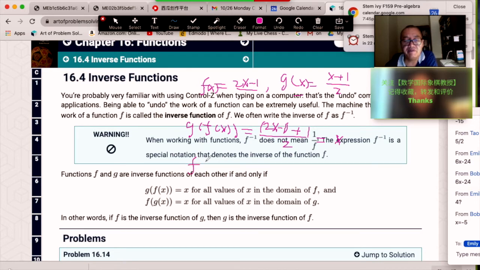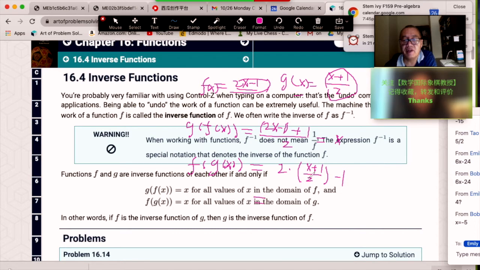Then f(g(x)). What does this one equal? g(x) equals this, and f(x) equals this. So you got 2 times (x plus 1) over 2, then minus 1.